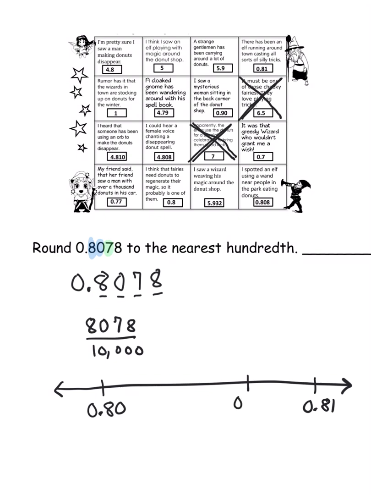I can mark the location 807 thousandths here, and that shows that it's closer to 81 hundredths. Remember, since this digit here is a 7, I can remember my handy rhyme, 5 or more go up a floor. So that's why I rounded up to 81 hundredths. So now that's another clue I can cross out from my list.